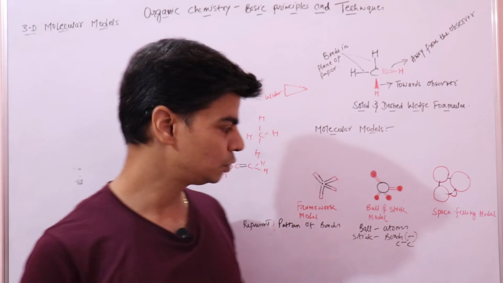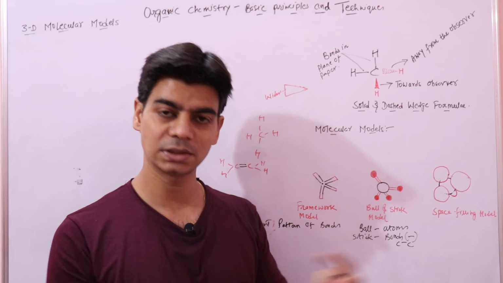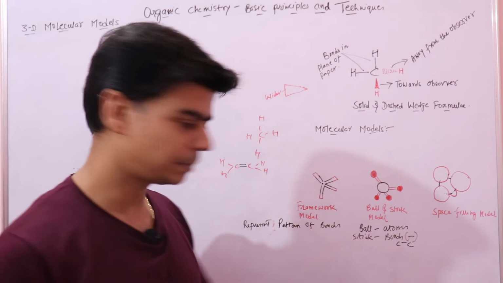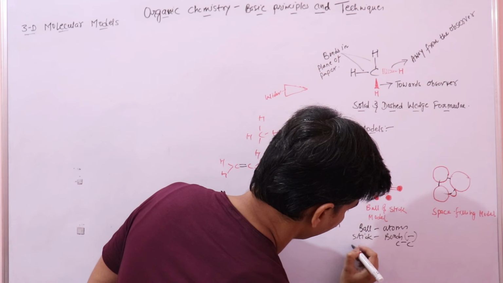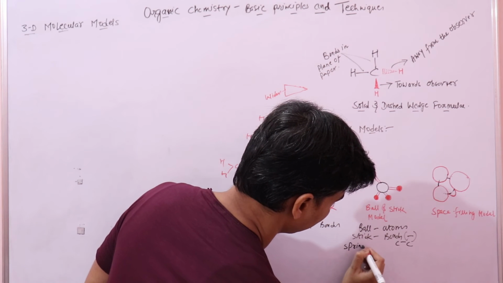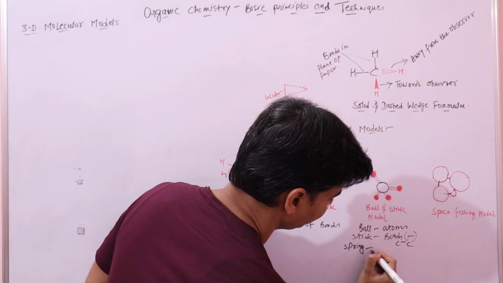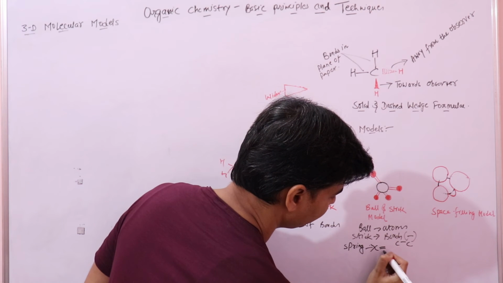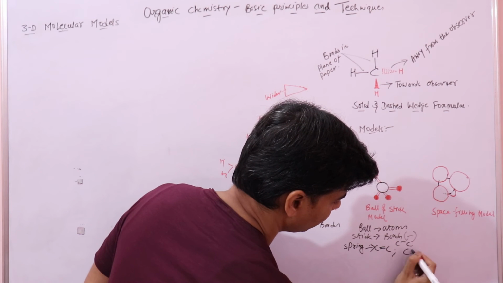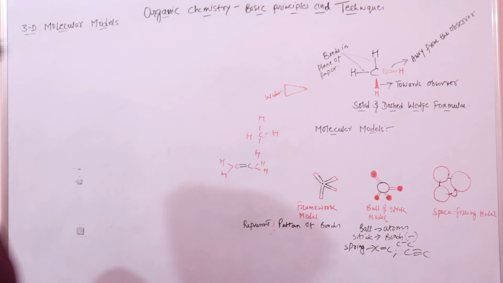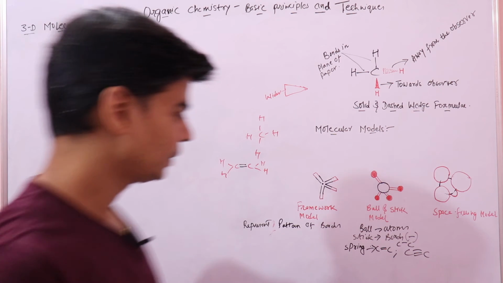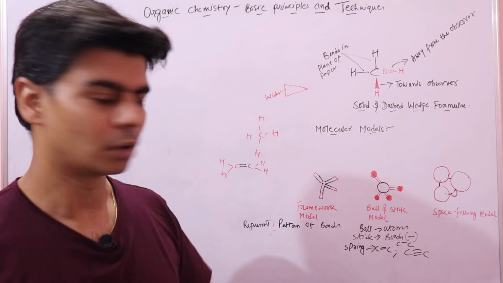So if you have springs in these models, they represent a carbon-carbon double bond, as in ethene, or a carbon-carbon triple bond.